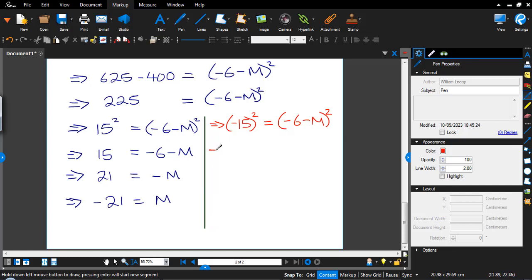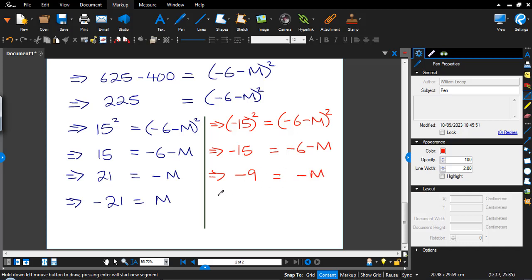This side, that implies -15 is equal to -6 minus m. Insides must be the same. That implies, bring that across, becomes +6. So -15 plus 6 is going to be -9 equals -m.